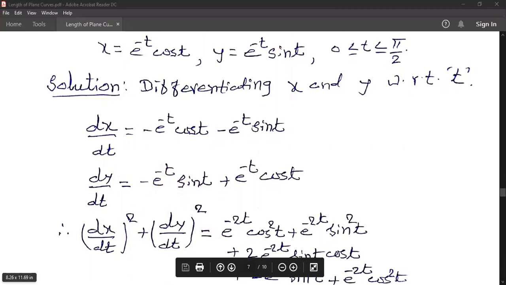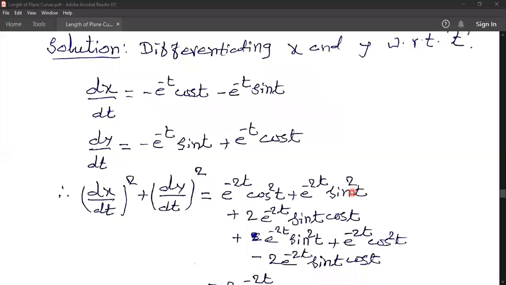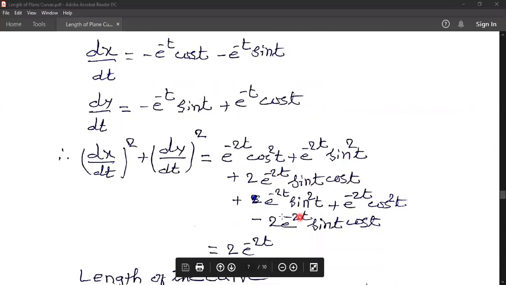The square of these two values is equal to e raised to minus 2t cos square t plus e raised to minus 2t sin square t, then 2 times the product, 2 times e raised to minus 2t sin t into cos t. Similarly, for the next term, that is dy by dt square: e raised to minus 2t sin square t plus e raised to minus 2t cos square t minus 2 times e raised to minus 2t sin t into cos t.